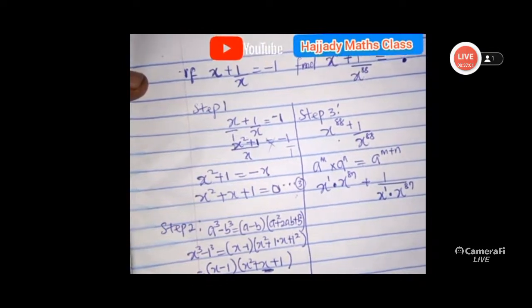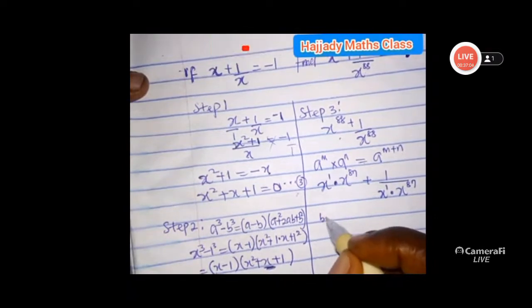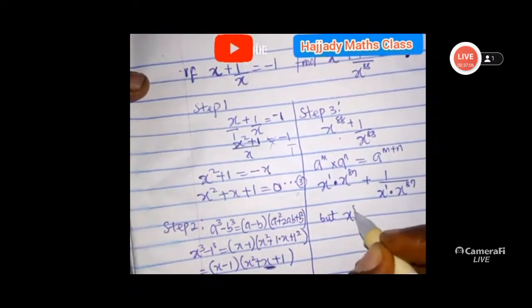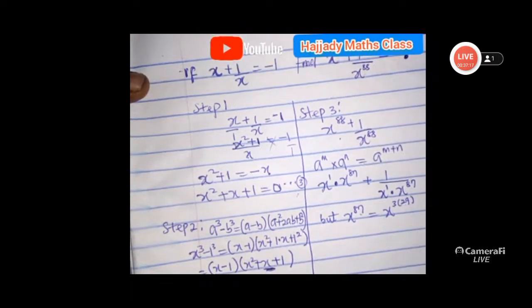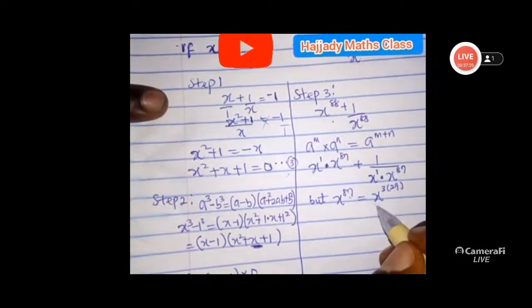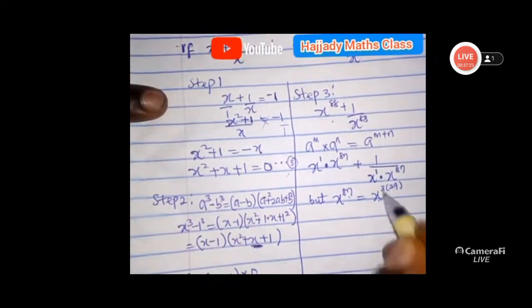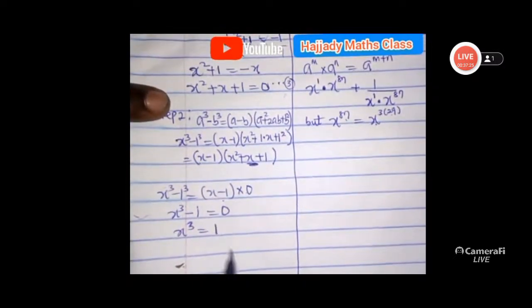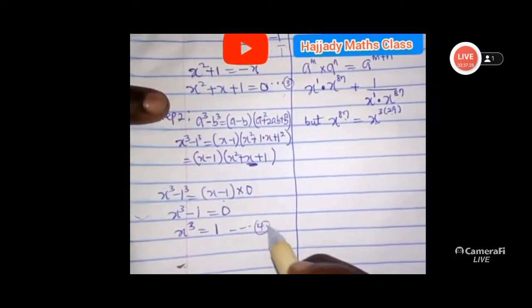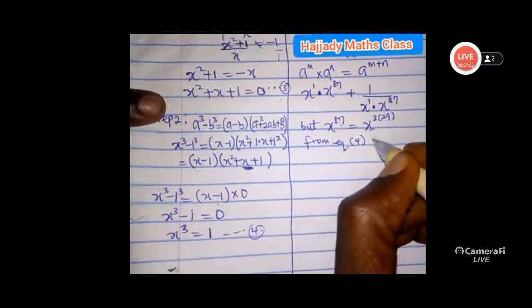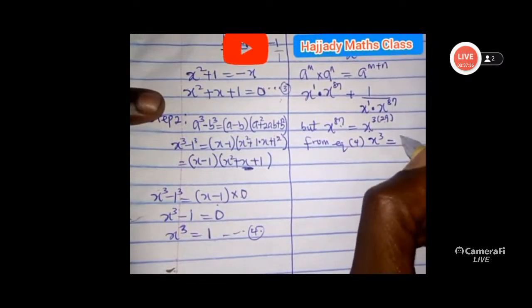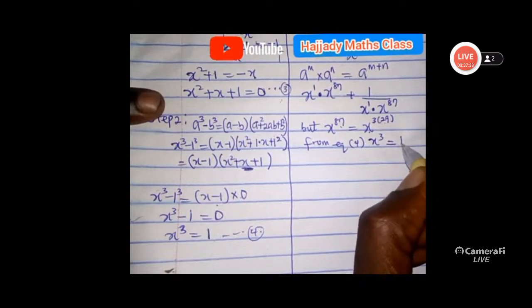Now, solving this further, we all know that s raised to power 87 can be split as s raised to power 3 times 29, that is, 3 times 29 is the same as 87. Also, our s raised to power 3 is equal to 1. Let's call this equation 4. From equation 4, s raised to power 3 is the same as 1, so that is what we are substituting in here.